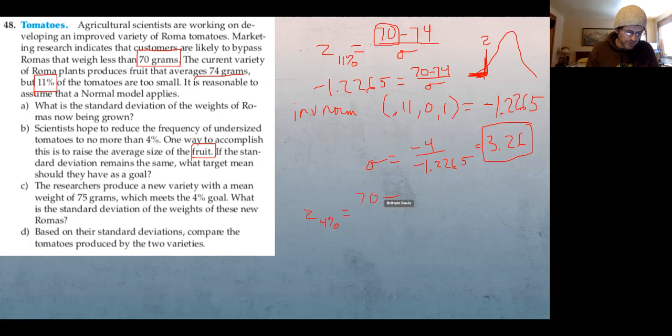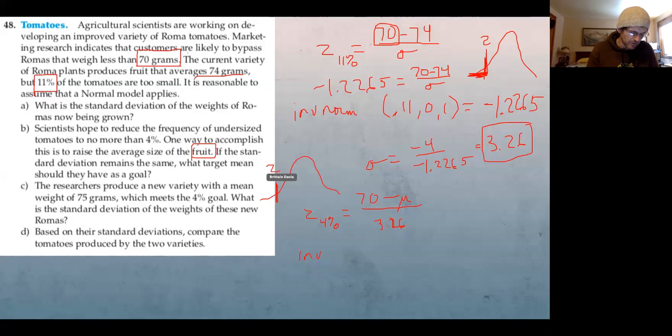We don't know what the new mean is going to be, but we want to create a new mean. And we're going to have 3.26 as the standard deviation. So now, same thing as before, almost. I'm going to do an inverse norm. I need to figure out what this z-score is going to be. Now they're going to be rejecting it at a lower level.